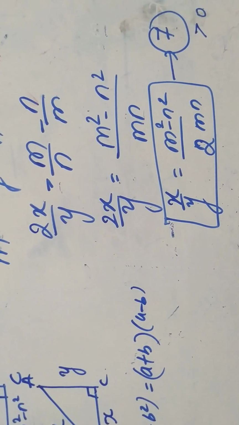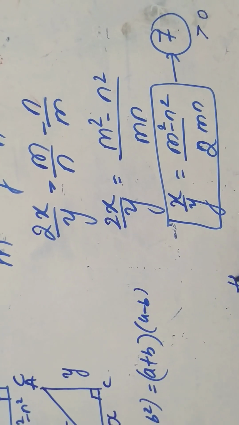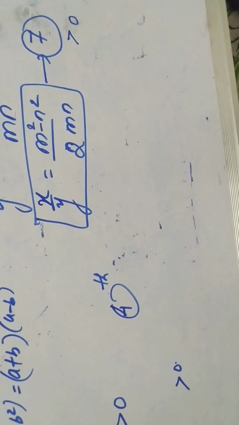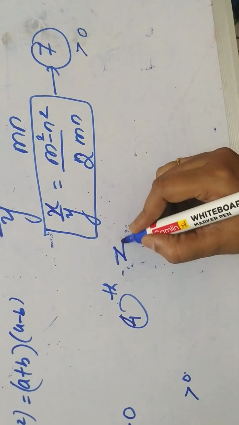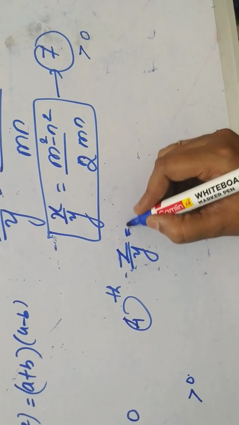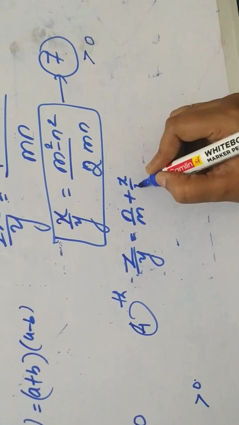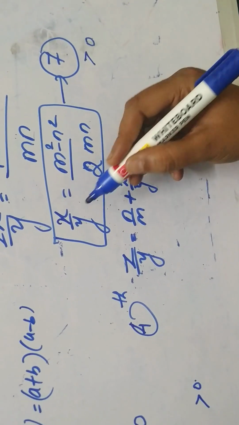Now going back to the fourth equation. So what was fourth equation? So according to the fourth equation, we have z by y is equal to n by m plus x by y. So right now we got x by y value.